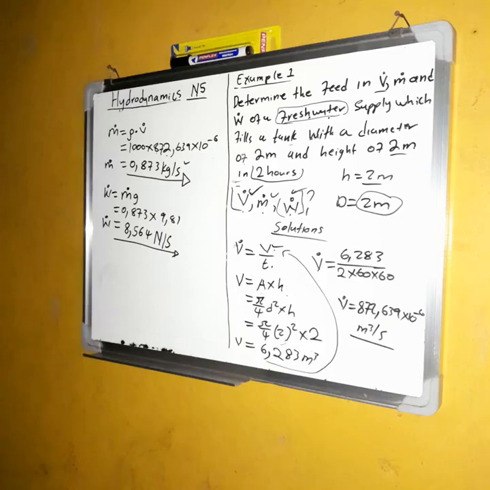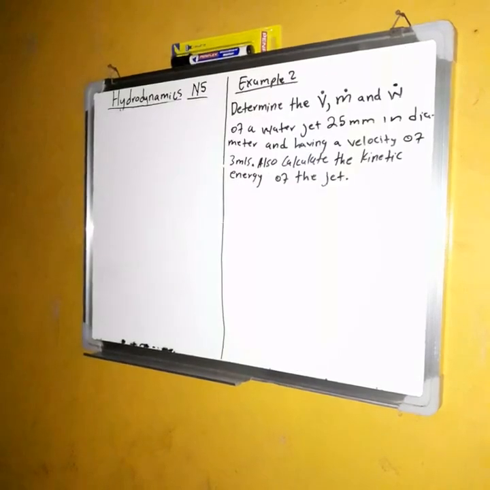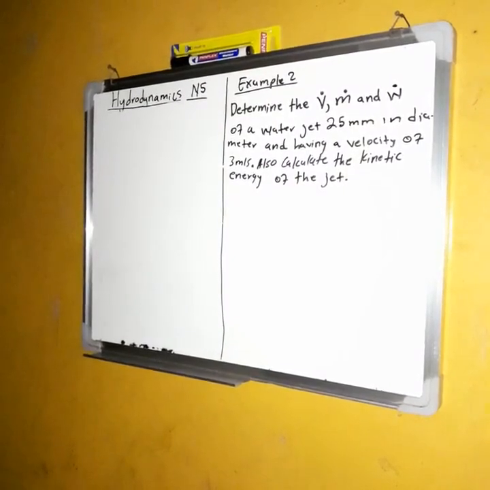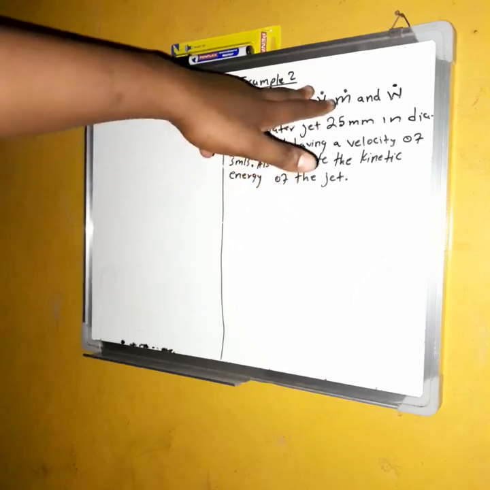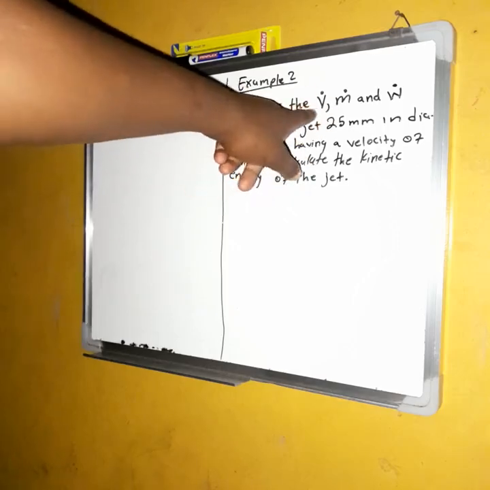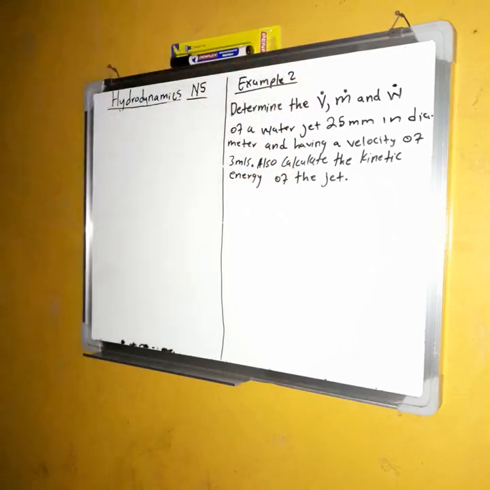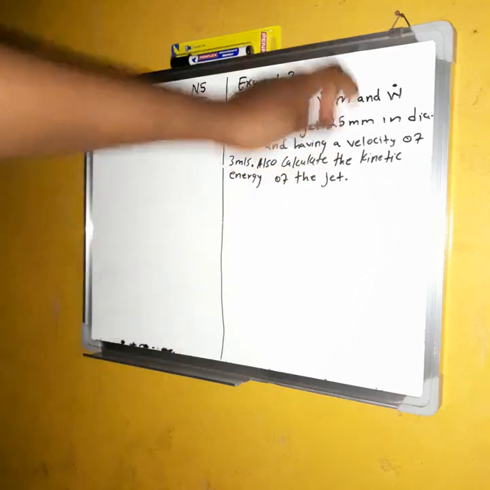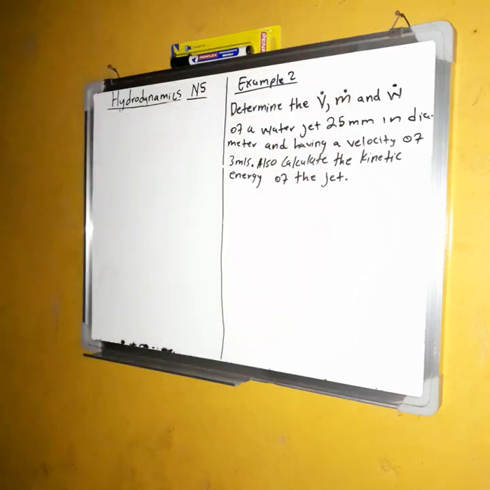Right, that is it. Let us try another question. That is what we have there. Also here we're given this question, which says determine V with a dot on the top, M with a dot on the top, and W with a dot on the top.